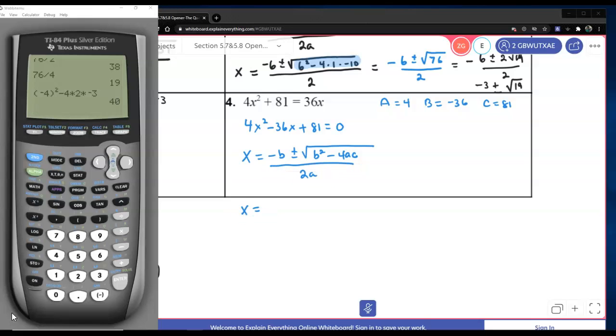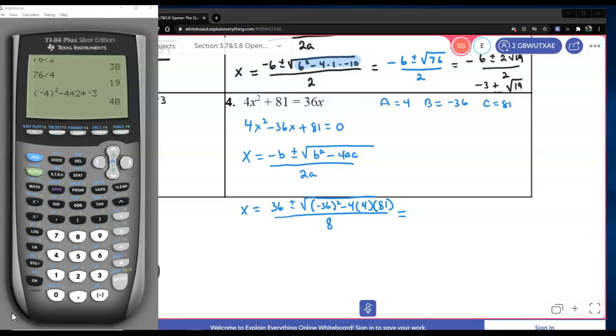So we have x equals negative b, which is going to be 36, plus or minus the square root of parentheses, negative 36 squared minus 4 times a, which is 4, times c, which is 81, divided by 2 times a, which is 8.